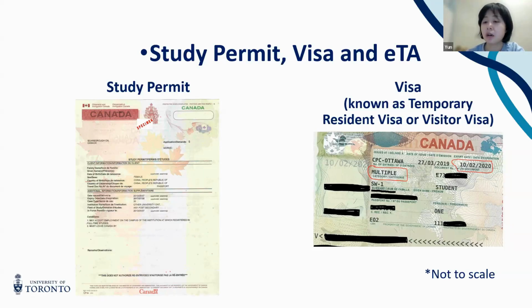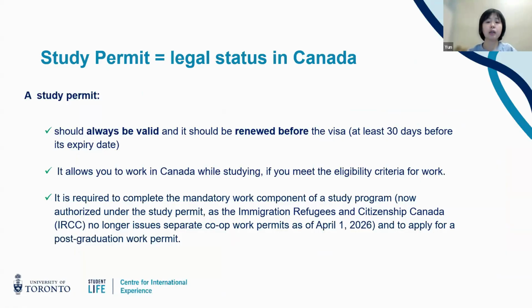Without a TRV or an ETA, even if you have a study permit, you won't be able to enter Canada. So make sure that you have both documents, a study permit and a TRV, or a study permit and an ETA, so that you can come into Canada and study here. Okay, so those are the differences between a study permit and a TRV.